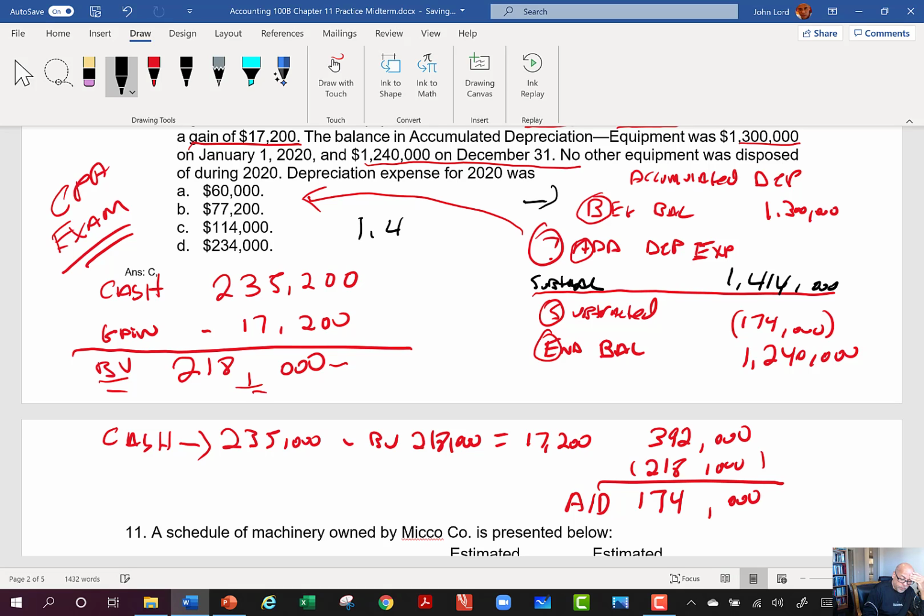I take $1,414,000 and subtract $1,300,000. That gives me a difference. Okay, so let's look at that. Did I do that right?